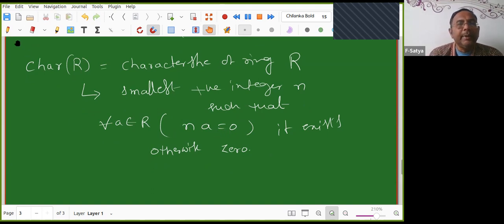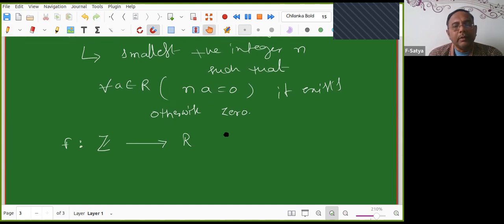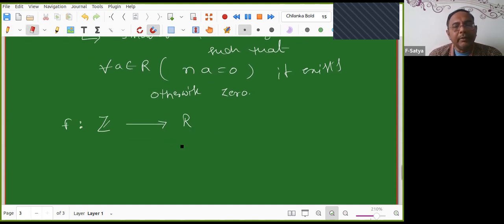Okay. What do we mean by n times a here? I'll tell that also. You have a ring R, and the set of integers is a ring, right? Then I can define a map from the set of integers to R. R is a ring, so with respect to addition it is an abelian group.